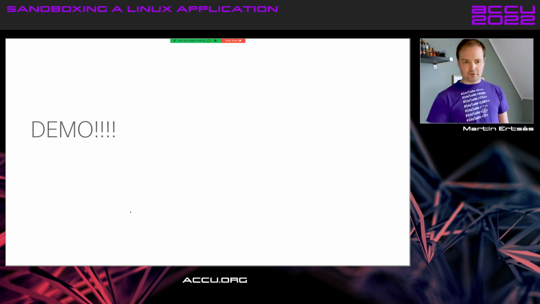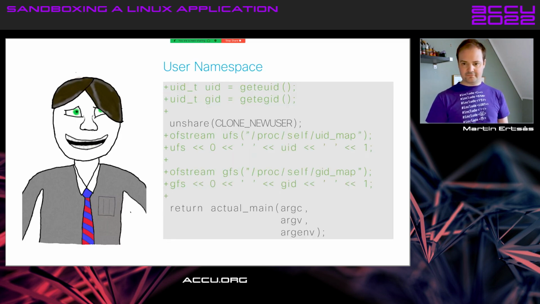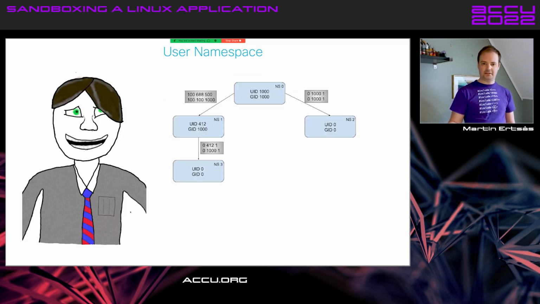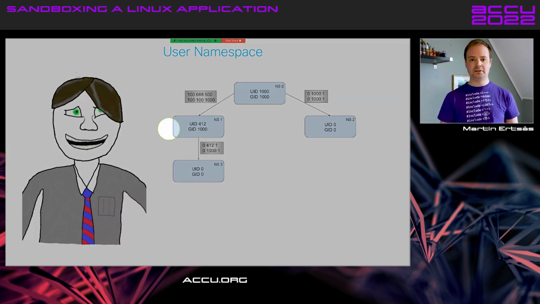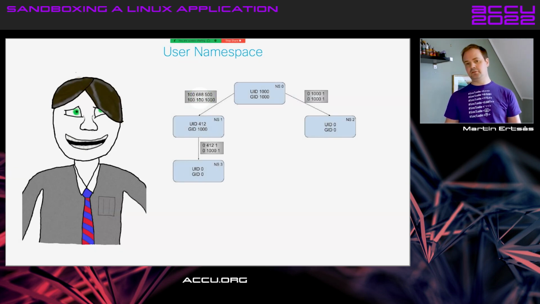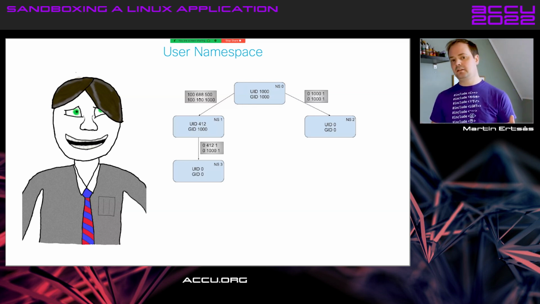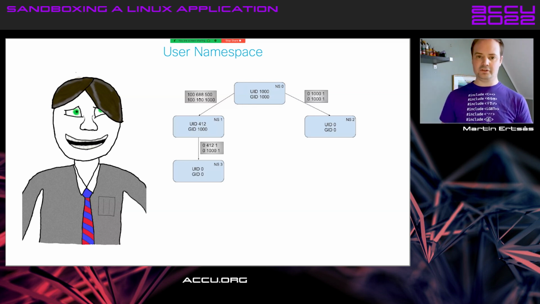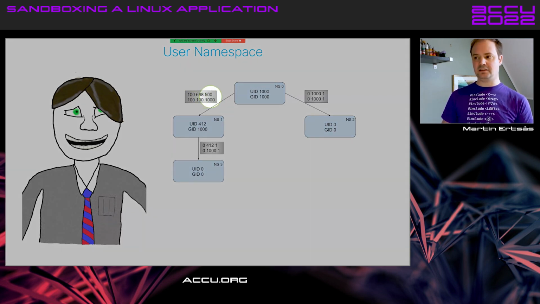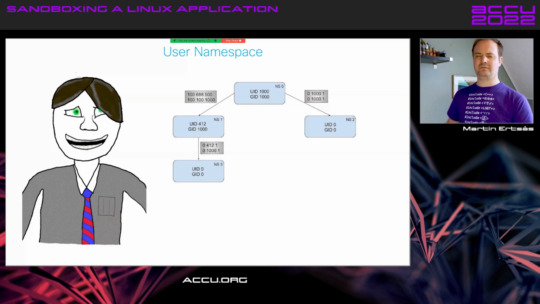And by the way, one thing I forgot is that, we'll go back to this, on Docker, which I assume a lot of you know about, this default mapping, because Docker uses this to create its own user namespace, the default mapping Docker uses is 0, 0, and then some huge number, like 4 million or something.